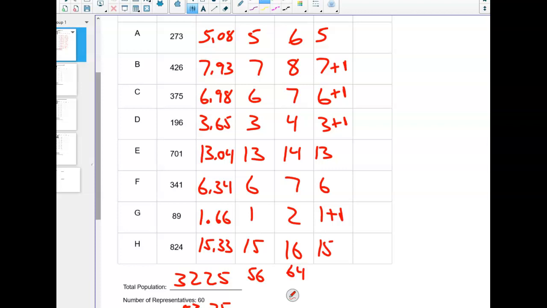So now I copy down what's in the initial apportionment column for the final apportionment. 5, 8, 7, 4, 13, 6, 2, and 15. And I would always add that down and check it. 5 and 8 is 13, and 7 is 20, 24, 37, 43, 45, and 60. And that's my answer.